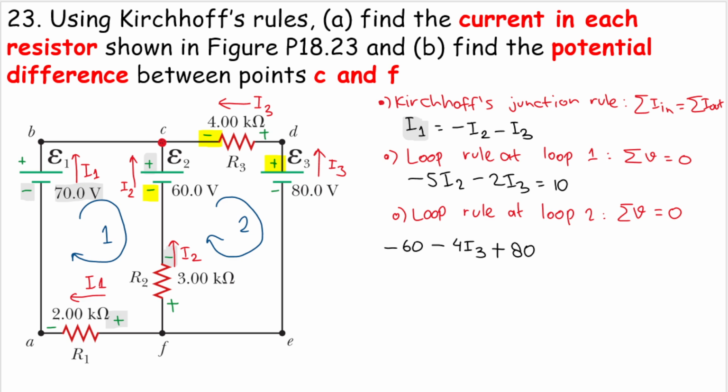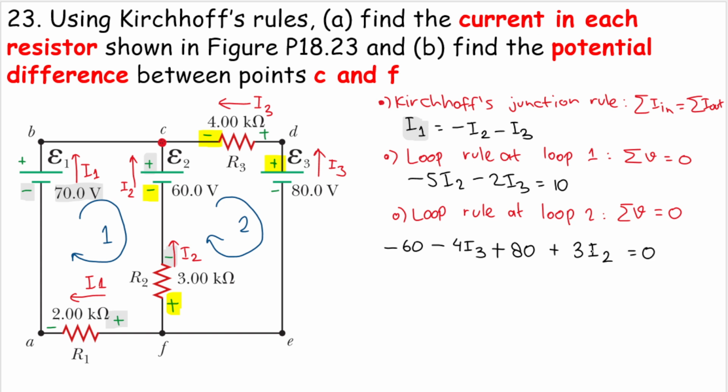Good. And now for the last component, we have this 3 kilo ohm and the loop entering from the positive terminal. So we will have plus there, and we have 3 kilo ohm. And then to get the voltage, we multiply it by the current, which is I2. Good. And all of that will equal to 0.